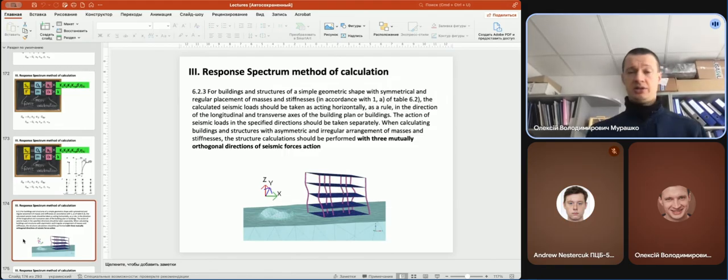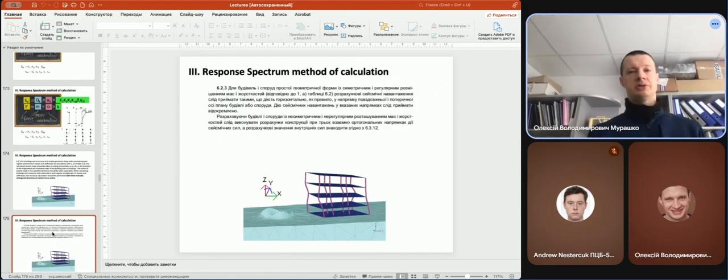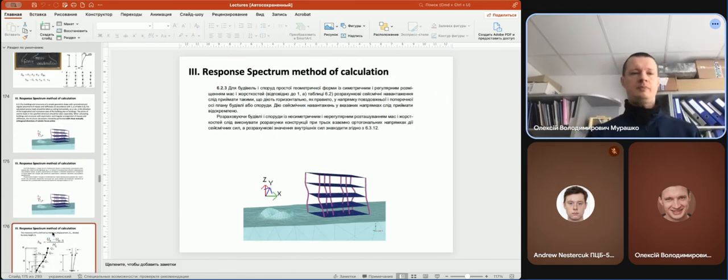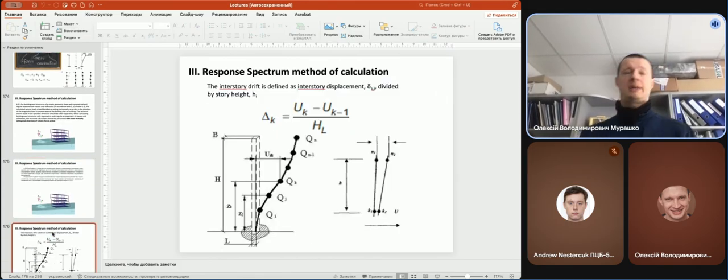And in addition to those three directions, we also have to take into consideration other variants of earthquakes, and take into account also the most dangerous direction for the building. But at least, according to our building code, three directions. Next step, which we also have to consider.